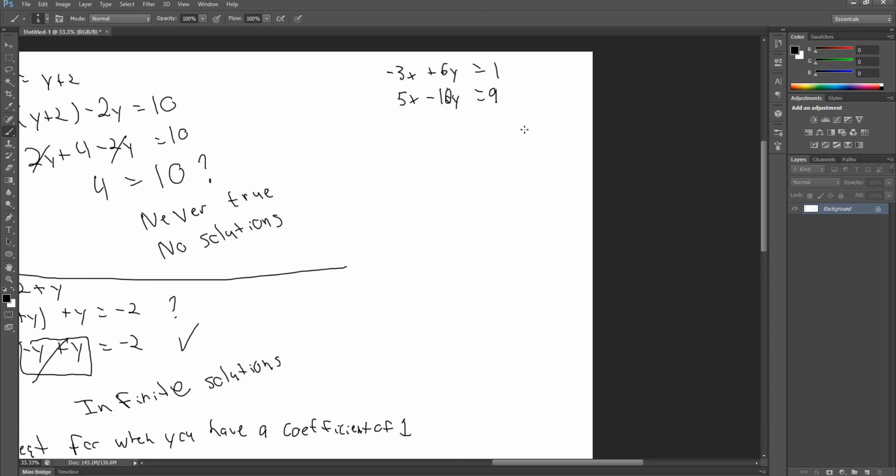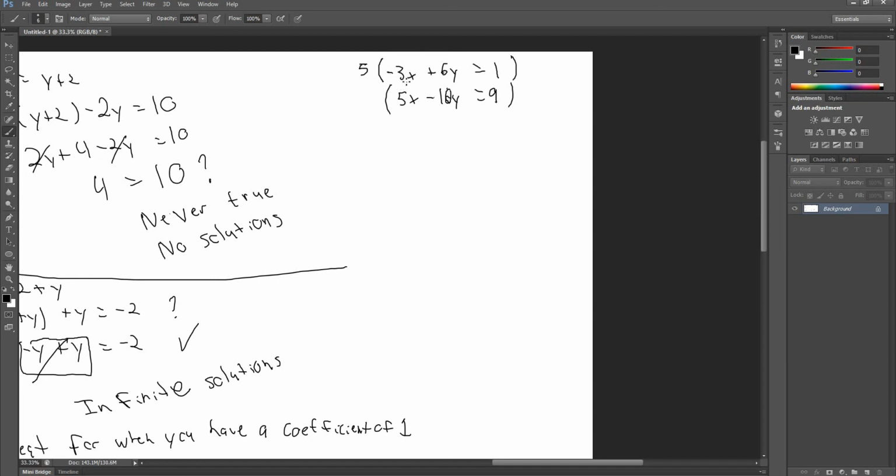Okay. You might look and say there's nothing I can multiply just one equation by, which is fine. Sometimes we have to multiply both. In this case, I'm just going to multiply by the other coefficient for x. This is 5, so I'm going to make this times 5.